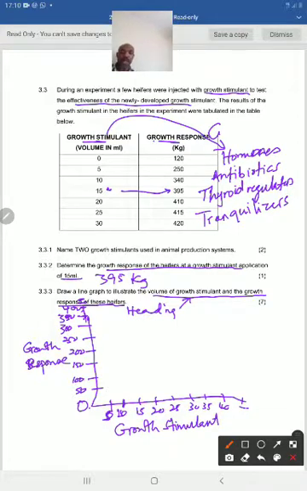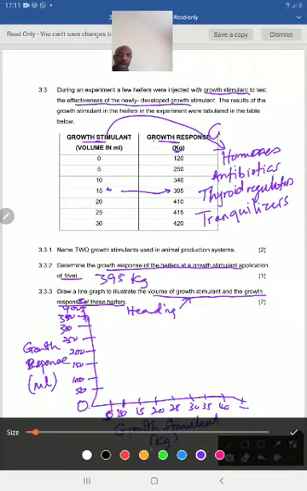So okay, guys, you can see that another thing that we need not to forget is the heading. The both axes well calibrated. Growth stimulants is in kg. Don't forget the units. It's another mark. And growth stimulants is in milliliters. So it's another mark.